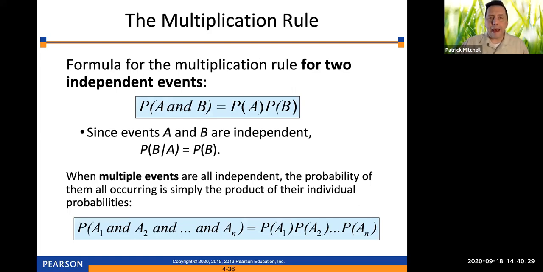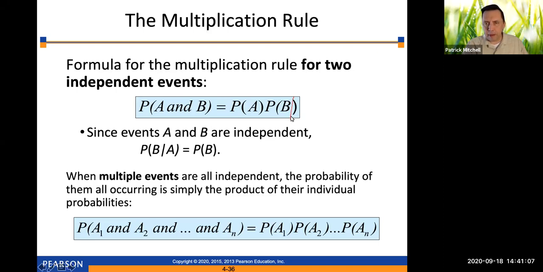Now, if your events happen to be independent, then those formulas that we were just talking about simplify to probability of A and B is equal to probability of A times probability of B. And that is because if your events are independent, the probability of B given A is equal to the probability of B. So what we were looking at earlier looked like this.